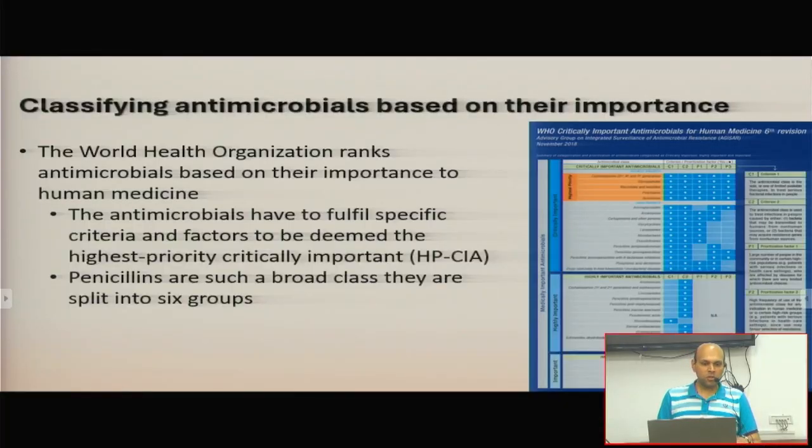Antimicrobials are classified based on their importance, and WHO, or World Health Organization, ranks antimicrobials based on the importance for human medicine. Antimicrobials have to fulfill specific criteria and factors to be deemed highest priority, for example, critically important antibiotics or important antibiotics. There are different categories over there.